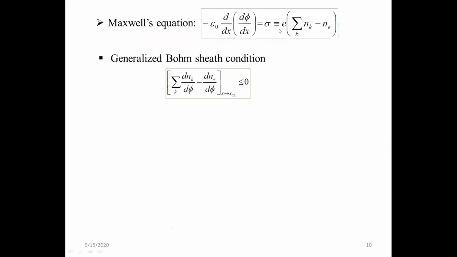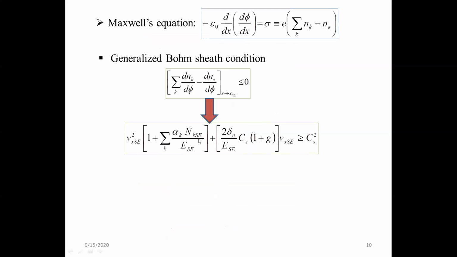This is the Maxwell equation to find the potential variation in the transition region, and this is the generalized Bohm sheath condition. When we put this value in this relation, we get this relation. Here, this is the term appearing from the collisional part, this is appearing from the electron impact ionization process, and this is the common speed predicted by the previous work.